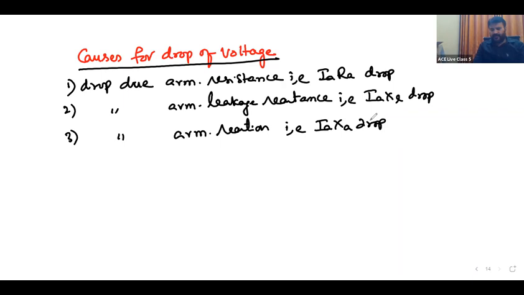You know, resistance means every winding is made with copper. Where copper is there, resistance drop takes place. And how can that resistance be measured?